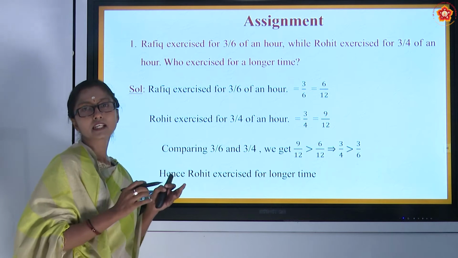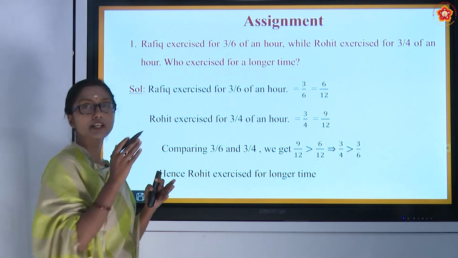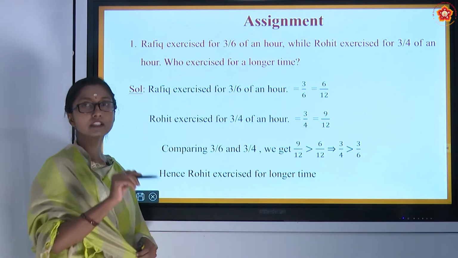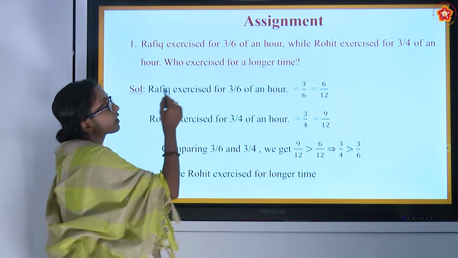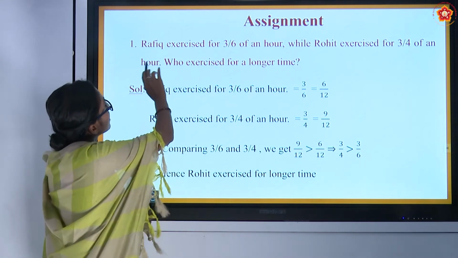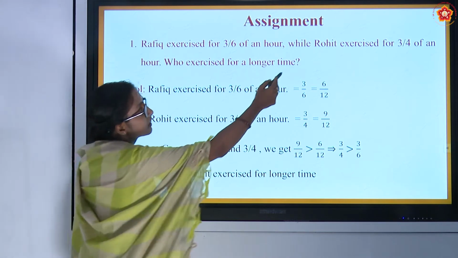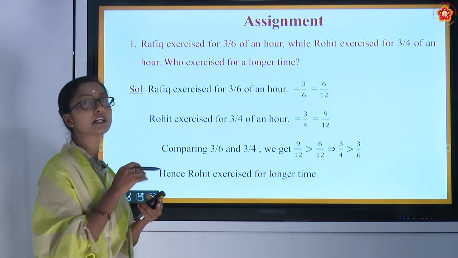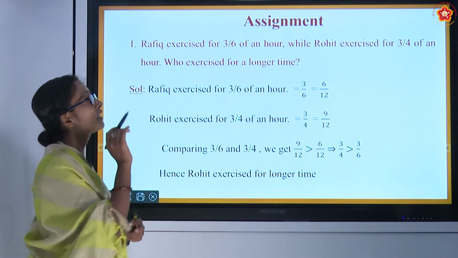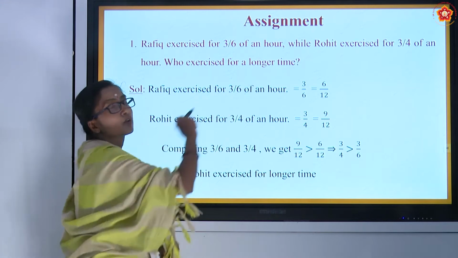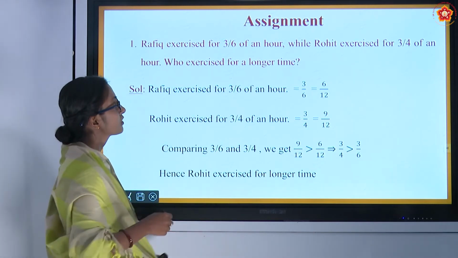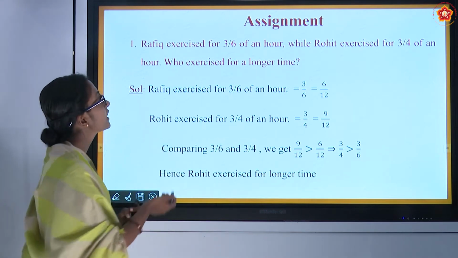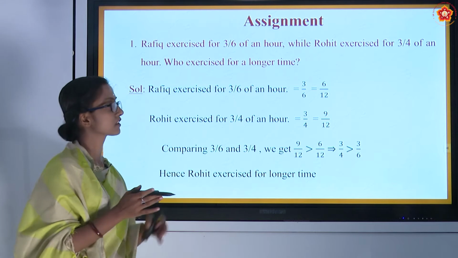Here, 1 hour is divided into 6 parts, and of these 6 parts, Rafiq has exercised for only 3 parts. Rohit divided 1 hour into 4 parts, and of these 4 parts, Rohit has exercised for only 3 parts. They are asking who has exercised for a longer time. Now we need to compare both fractions.